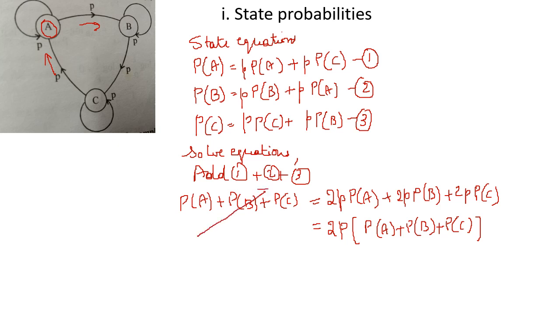So the left hand side is equal to 1, and the bracketed term on the right hand side is also equal to 1. Or we can write 1 is equal to 2 into P, or P is equal to 1 by 2.